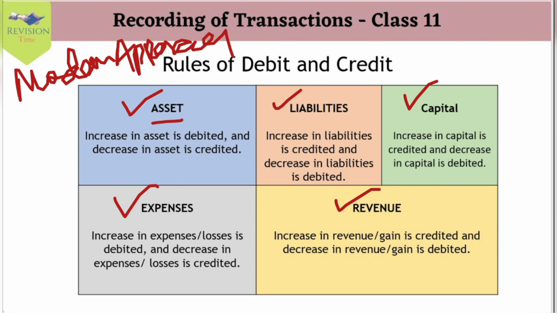Next we have liabilities. Liabilities are the amounts which the entity is responsible to pay to outsiders. Liabilities are of two types, that is current liabilities and non-current liabilities. Capital is the money brought into the business by the owner, known as capital or owner's equity.